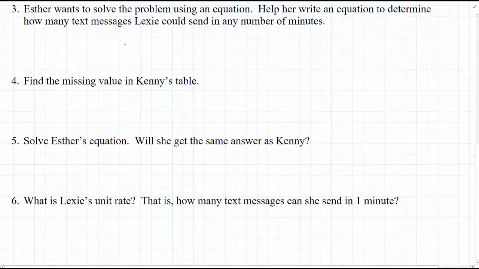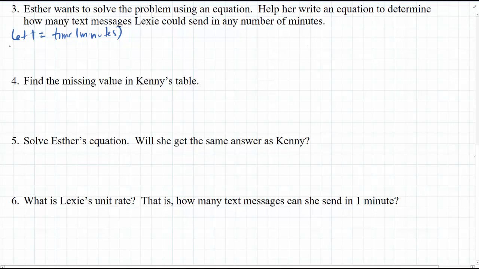Problem using an equation. Help her write an equation to determine how many text messages Lexi can send in any number of minutes. So to do this, recall that when we write equations, we want to make sure we have the let statements. So let's define our 2 variables. The first one that changes is we're going to say let t represent the time in minutes.